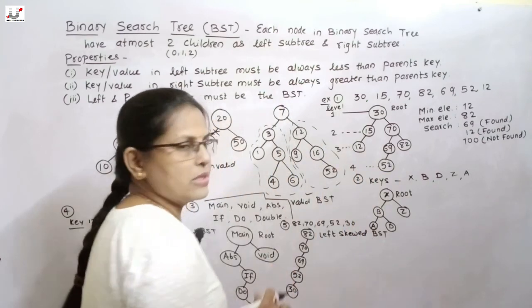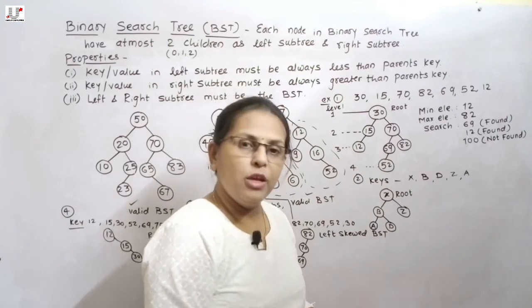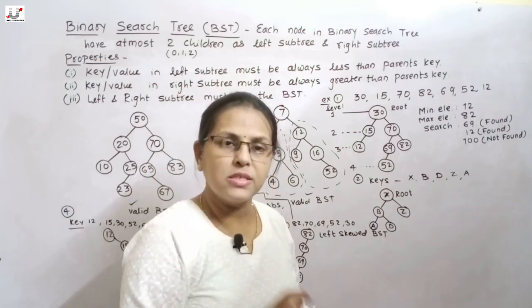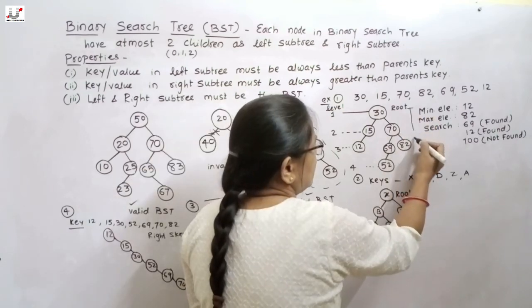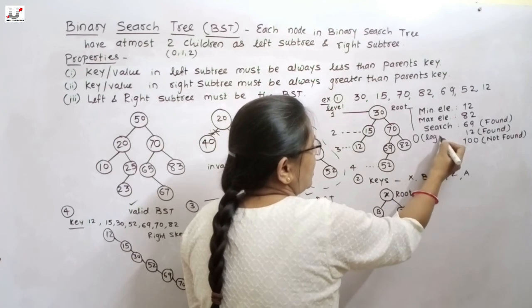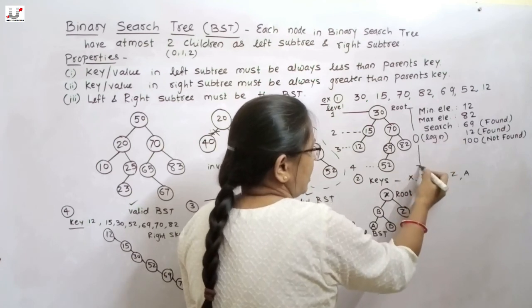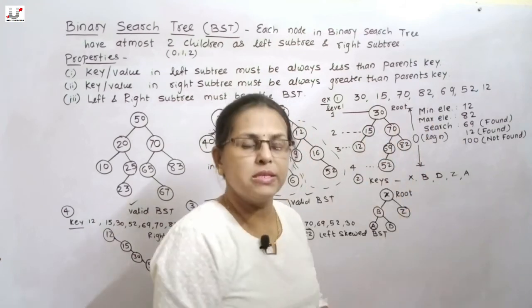These are the levels. So to search any element, it takes minimum order of log n time to compare that element in a binary search tree.